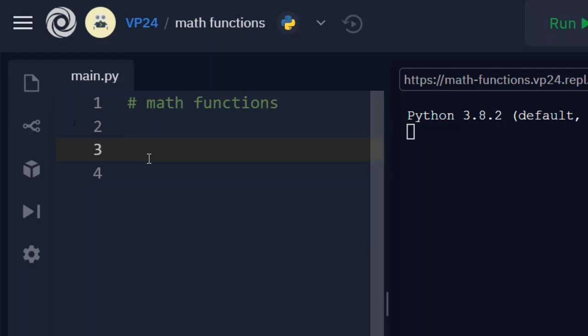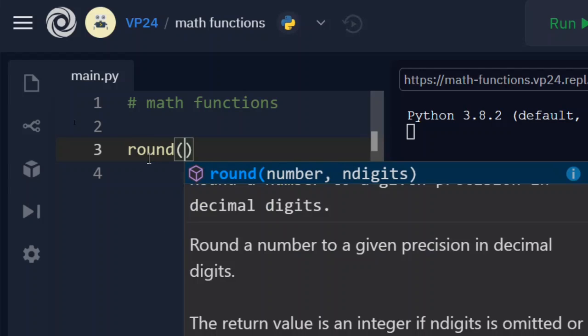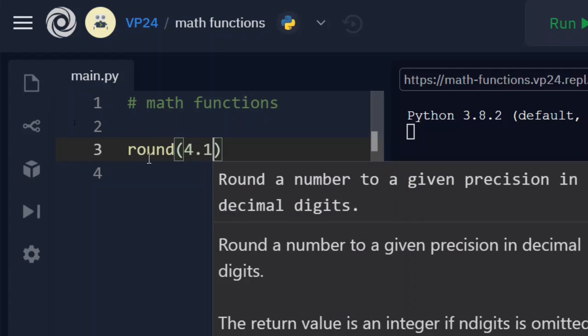Let's start off with a basic math function, and we have something known as round off. As soon as I wrote round, my REPL gave me this hint: you have to type some number over here. Let's say we have 4.1.